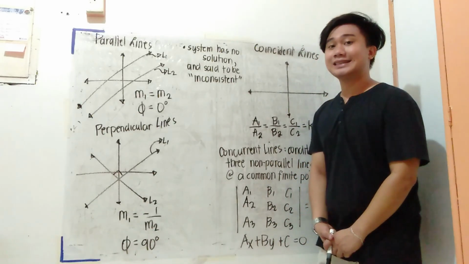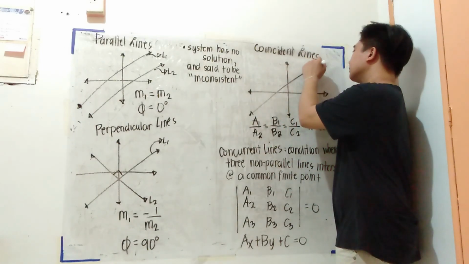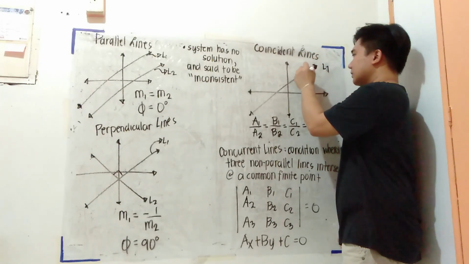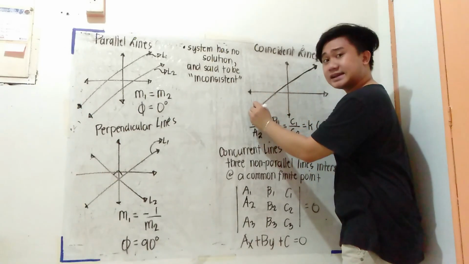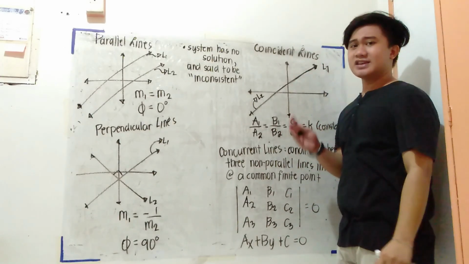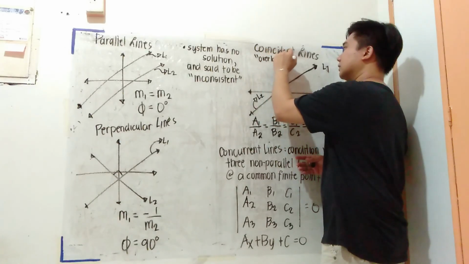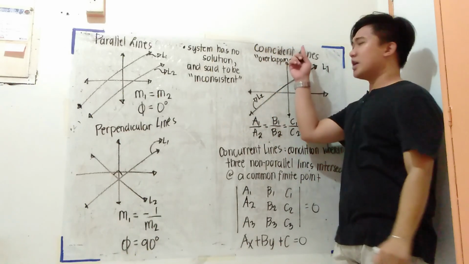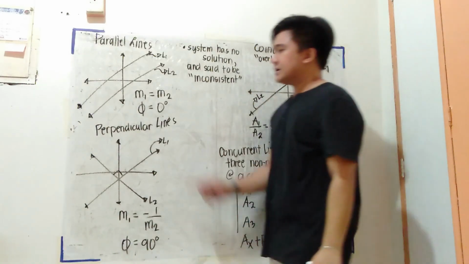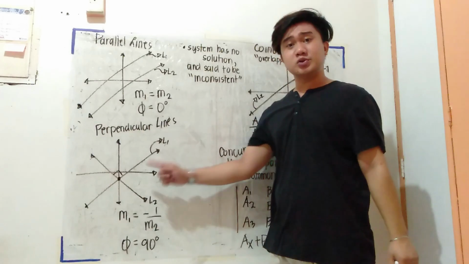Okay? Next, we have the coincident lines. Pag sinabi natin coincident, let's say this is line 1. At mag-drawing ulit ako ng isang linya, this is line 2. So what can you say about coincident lines? These are lines that are overlapping. Okay? And when you have coincident lines, you have infinite number of solutions. Kasi dito, sa perpendicular lines, may intersection tayo at yung point na yun yung solution natin.